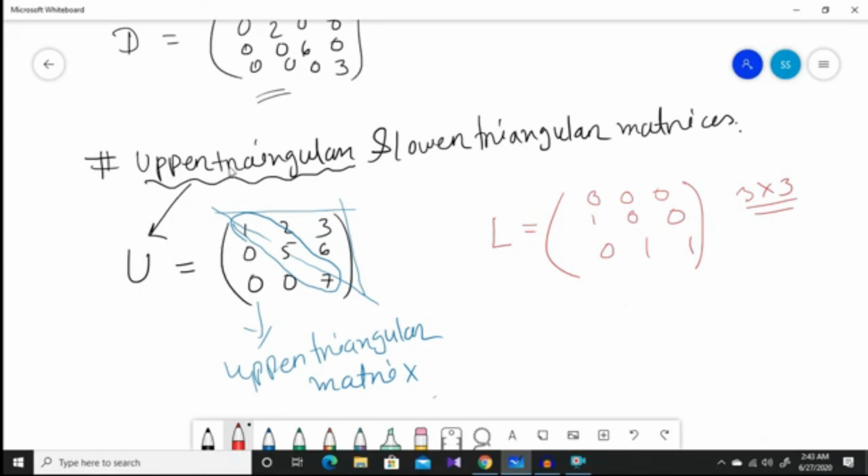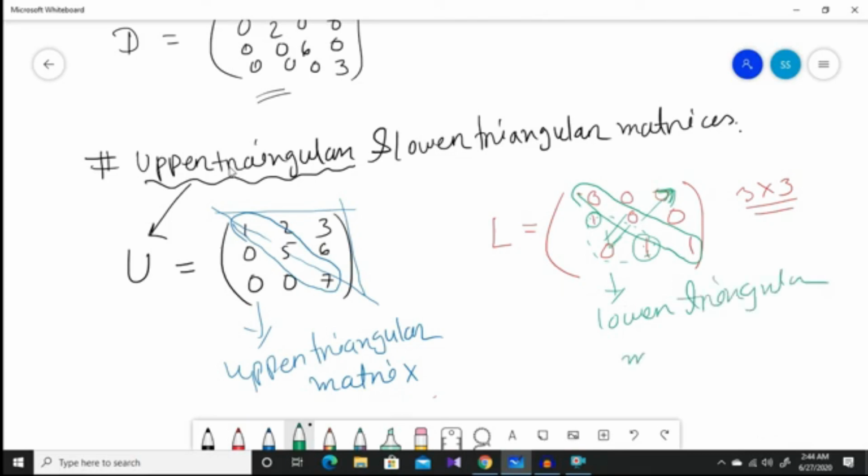So again you can indicate the principal diagonal, and you can see that on the lower side of it you have some elements that are non-zero. At least I have 2 elements that are non-zero, but on the upper side, all the elements are 0. So that's why it's called a lower triangular matrix.